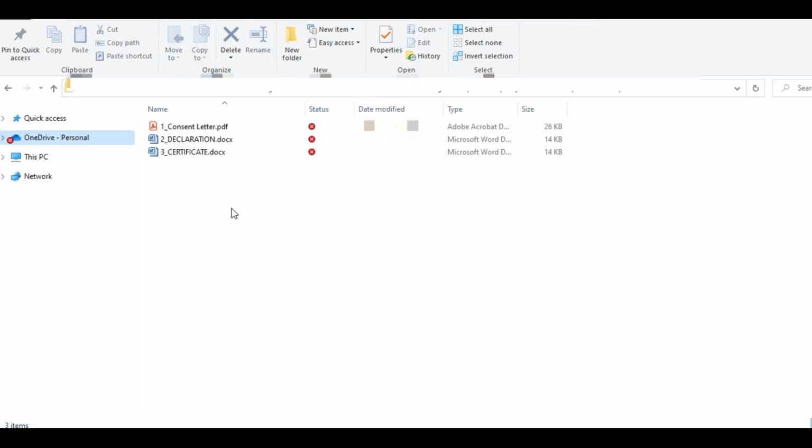So the three documents are very important: your consent letter, declaration and certificate. Out of the three, the first two, I'll repeat, you have already submitted during the approval, so you already have them, you just need to attach them to the report.